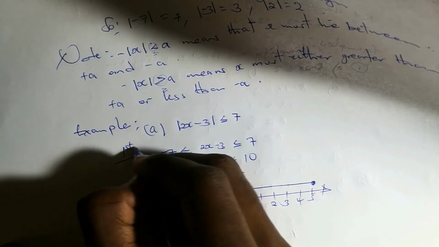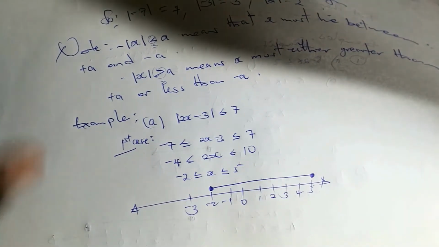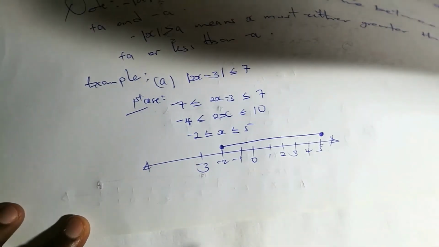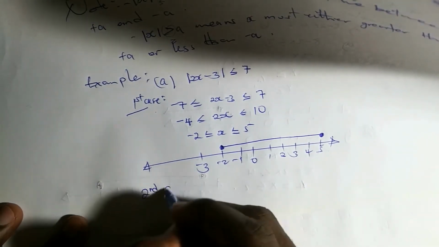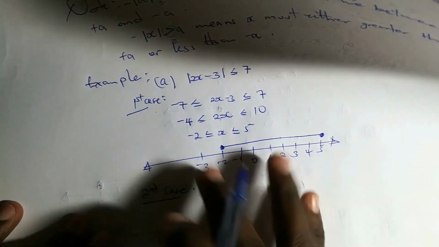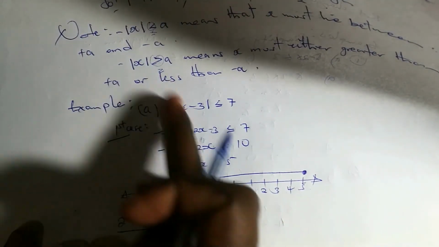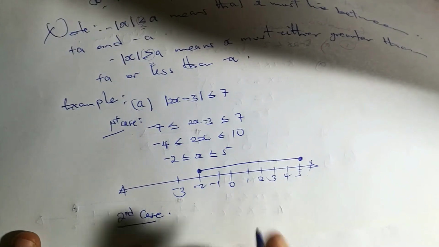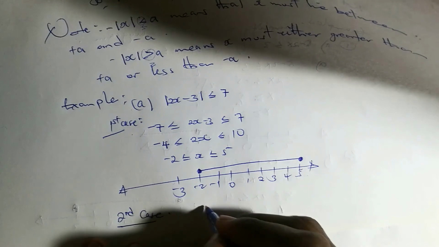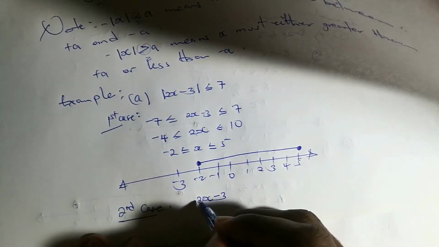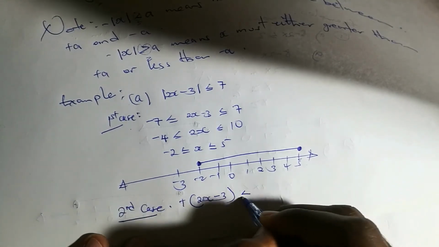I can call this the first case of solving. I'm now going to show you the second case of solving, which is actually the basis that will show you how this comes about. Remember, this means we have just left the positive value. The number between these bars has both a positive and a negative sign, so we consider both cases. First we consider the positive of it being less than that.